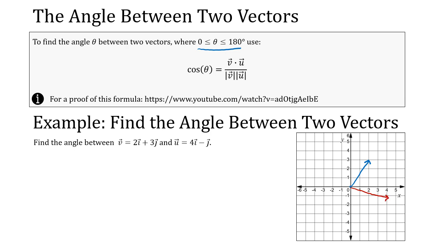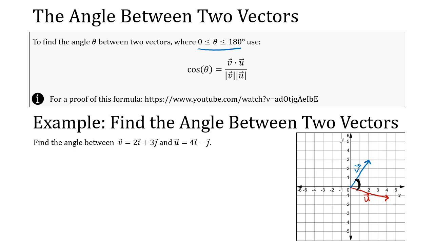Okay, so the red in the fourth quadrant represents position vector u, and the blue in the first quadrant represents position vector v. And I think we can pretty clearly see that there is an angle measure in between. Now, I mentioned before that this angle between two vectors formula is really nice because it gives us a direct way of finding the angle between these.